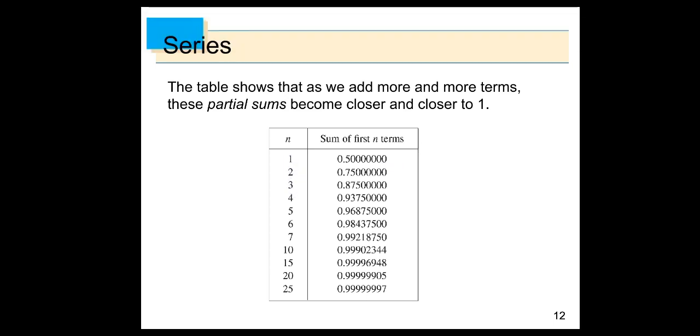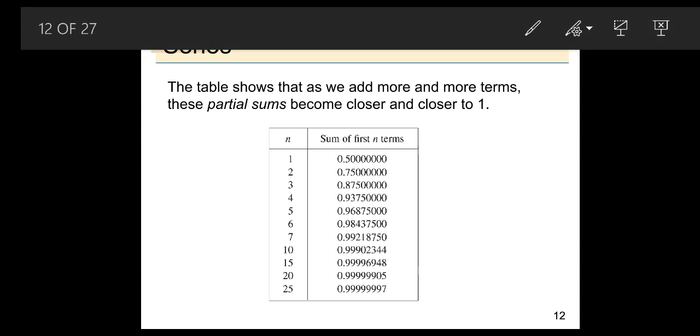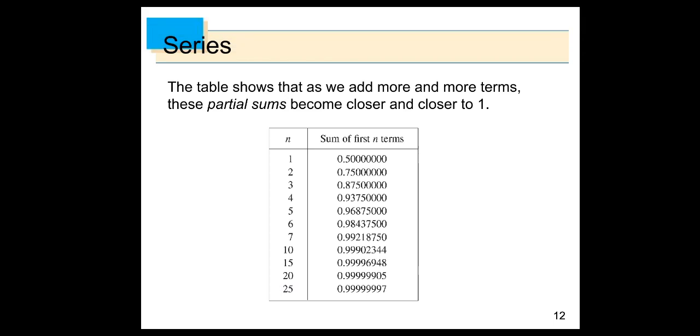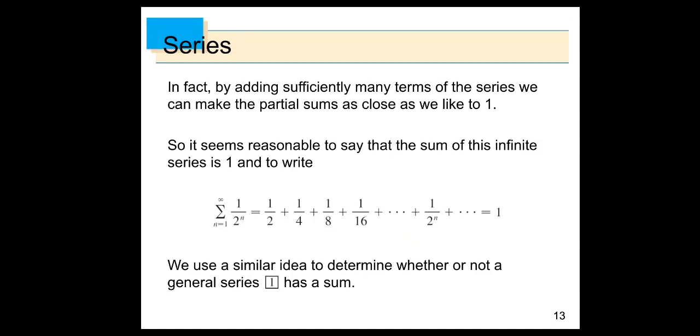And our values are the sum of this n term, which is actually not so close to 1, but as we move towards our 25th term, then we see that it is getting closer to 1, right? So that is an example of how we get closer to a particular value.